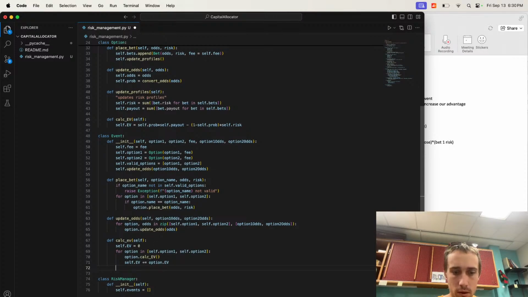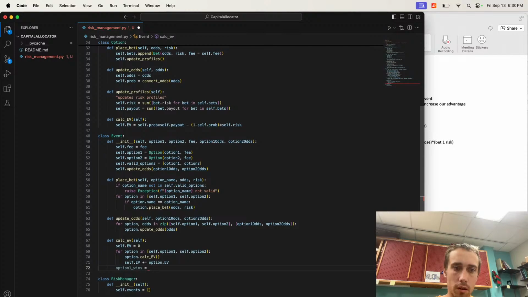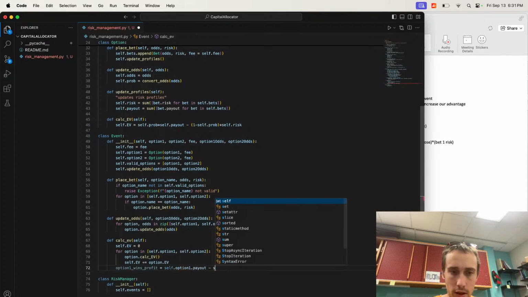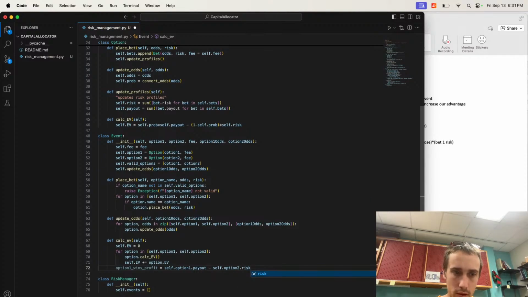Now, if team option 1 wins, then option 1 profit is equal to self.option 1 dot payout minus self.option 2 dot risk.